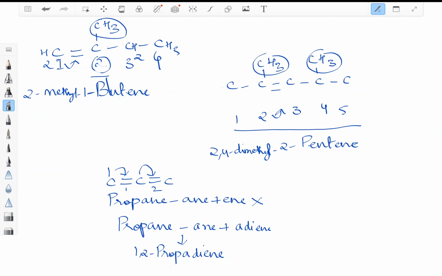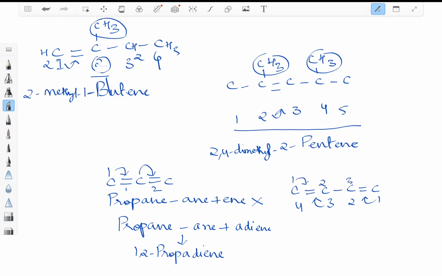One more example, which is also mentioned in the text which I will be sending you. Here also we have two double bonds. If I number from here, 1, 2, 3, 4.